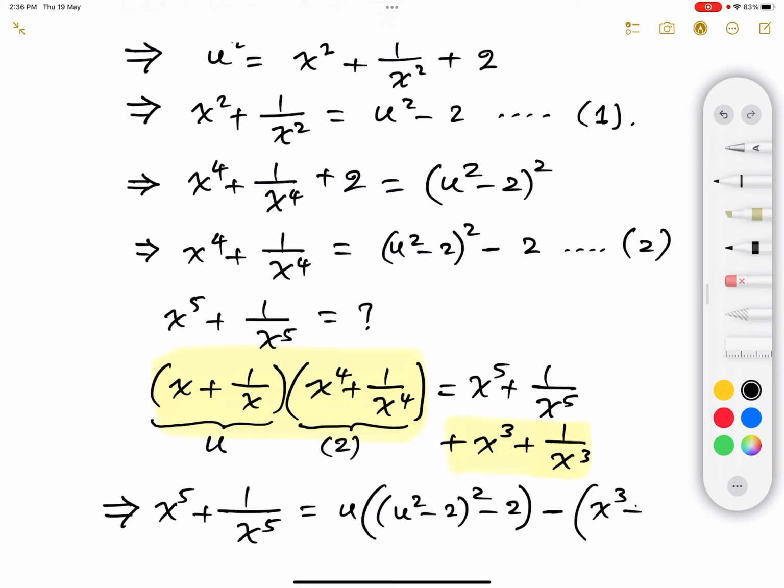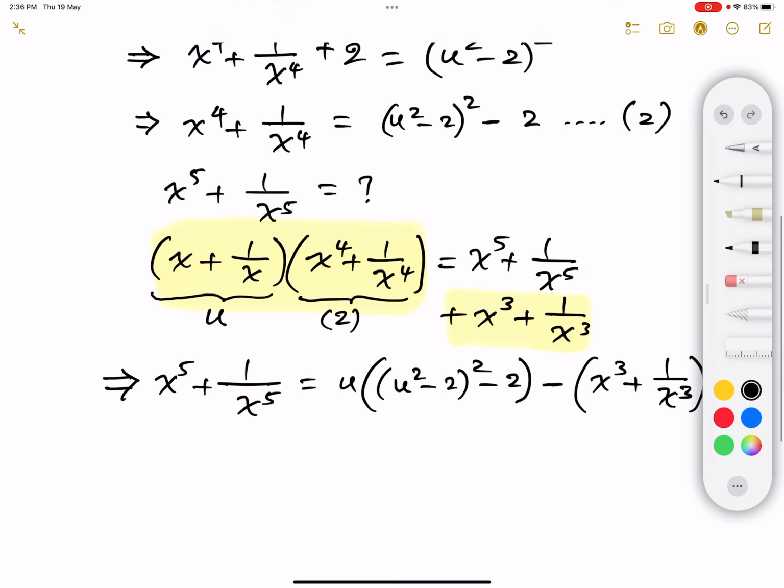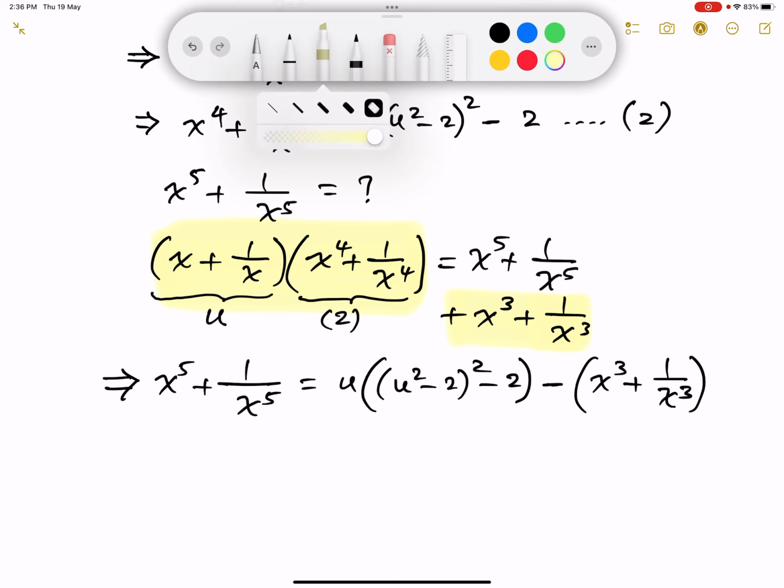I will leave that between two parentheses because I need to express that in terms of x plus 1 over x. So the idea here, can we express this term here in terms of x plus 1 over x? Of course we can. How? By using binomial expansion.